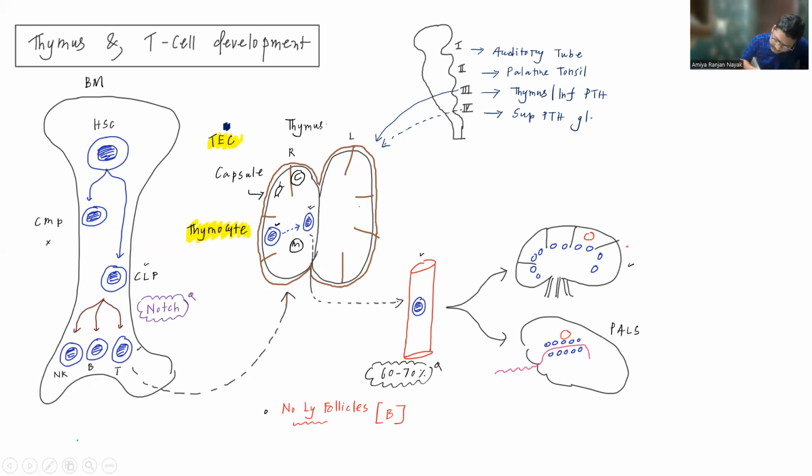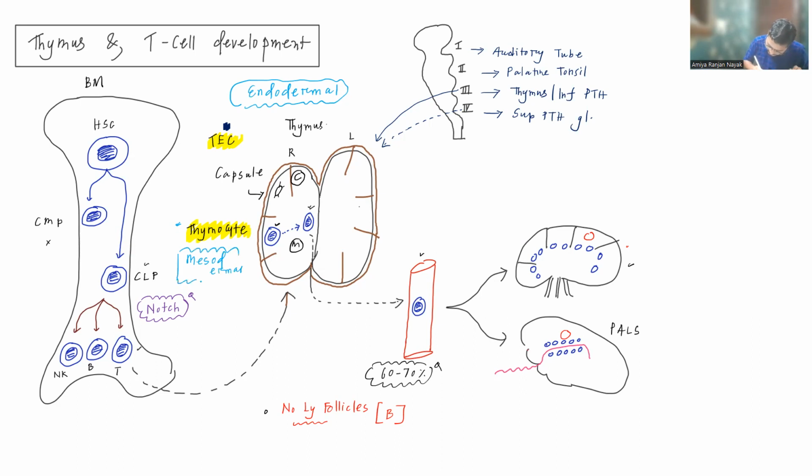But the thymocytes, as we have discussed previously, come from the bone marrow, and bone marrow has mesenchymal origin. That is why thymocytes are of mesodermal origin.